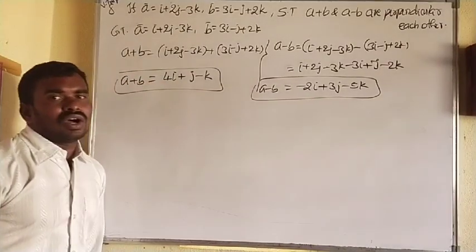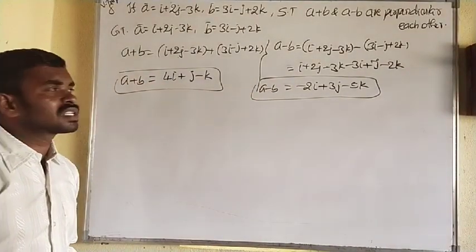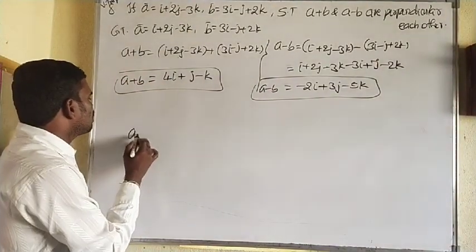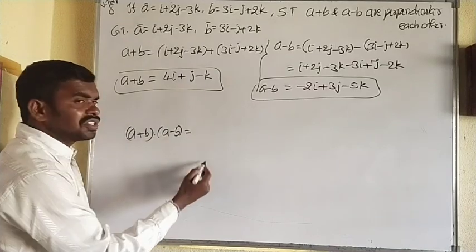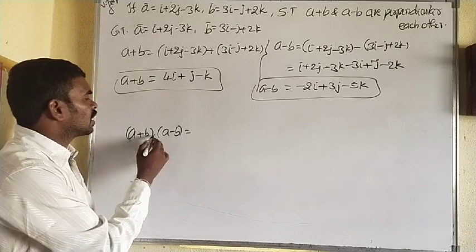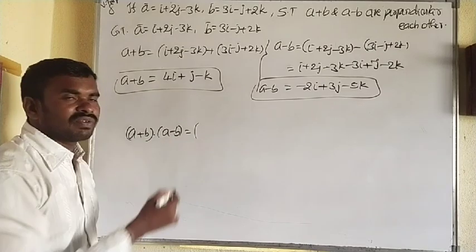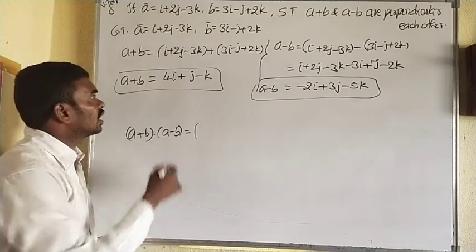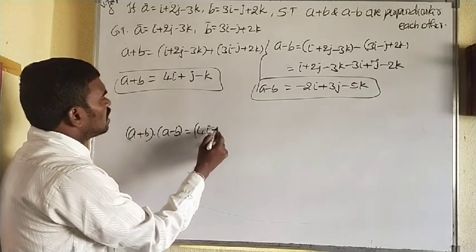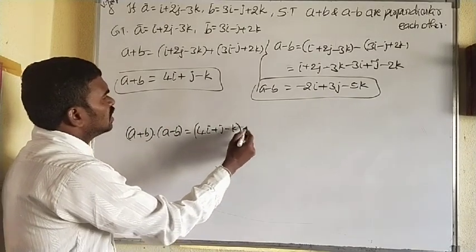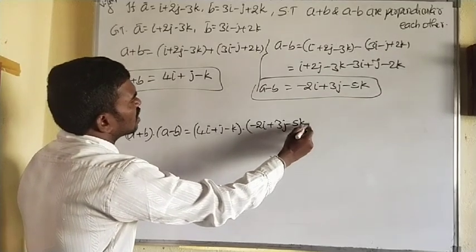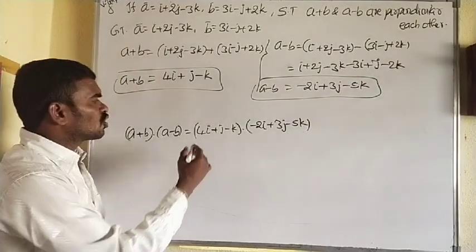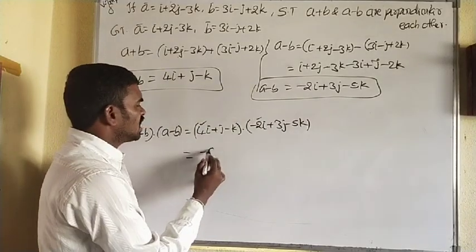So now how can we prove they are perpendicular? Yes, I just find a plus b dot a minus b. If I get the answer 0, then I can say both are perpendicular. I'm checking whether we get 0 or not. Dot product: 4i plus j minus k dot minus 2i plus 3j minus 5k. I coefficient with i coefficient means 4 into minus 2, minus 8.